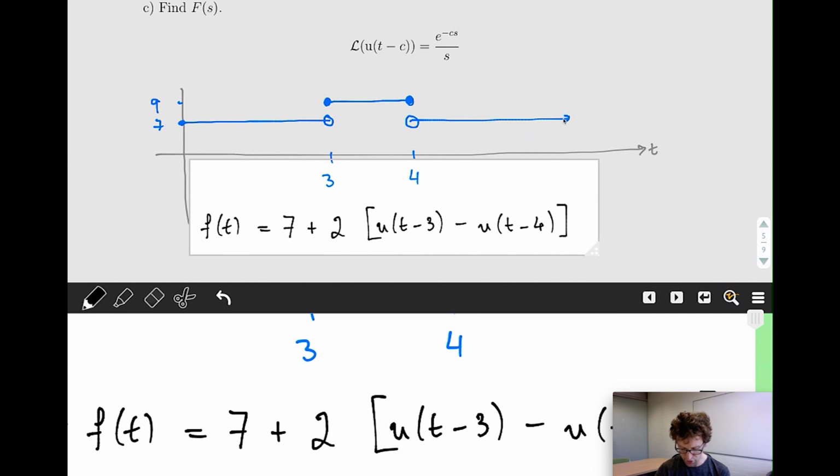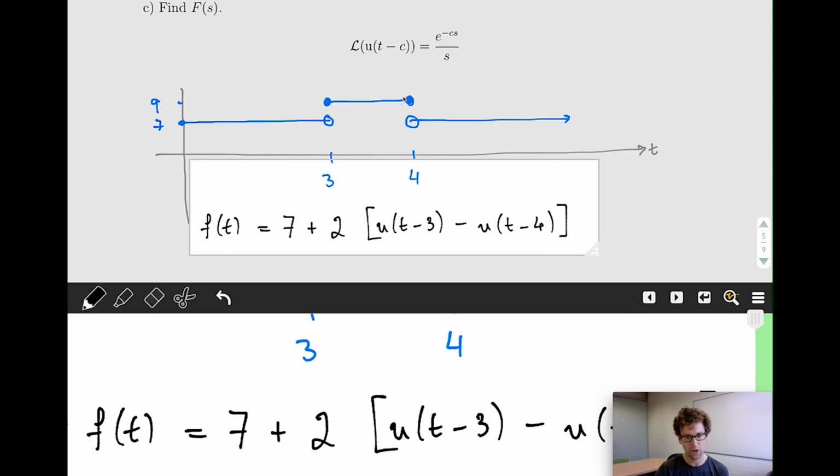Now, there was another difference between this and the actual switch on, switch off function, and that had to do with what happened at the discontinuities. In fact, if you remember, in the last example, we looked at the switch on, switch off function, and we didn't include the left-hand point, that is coming from the left-hand side, and we did include the right-hand point, that is coming with our function along the right-hand side.